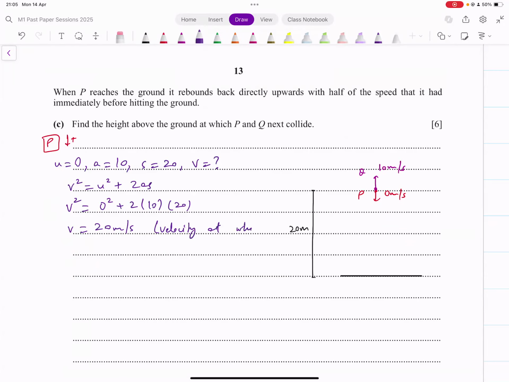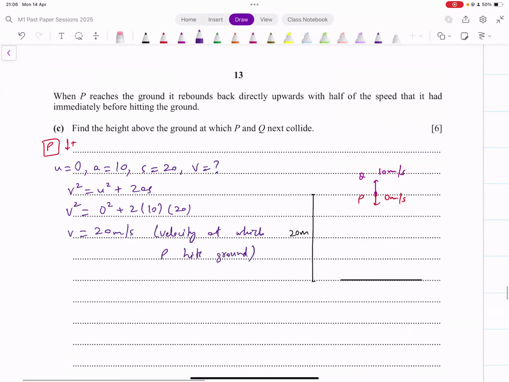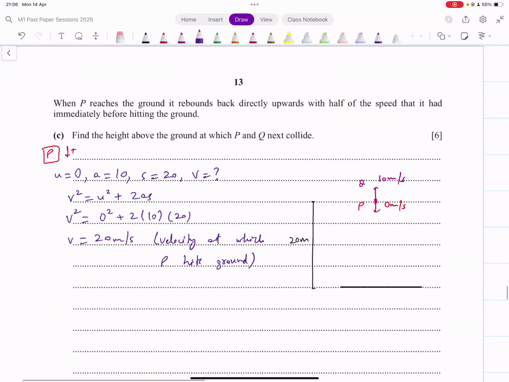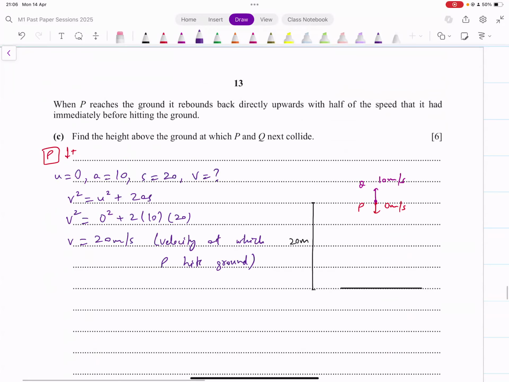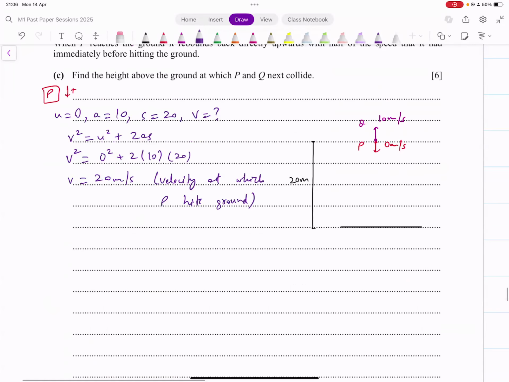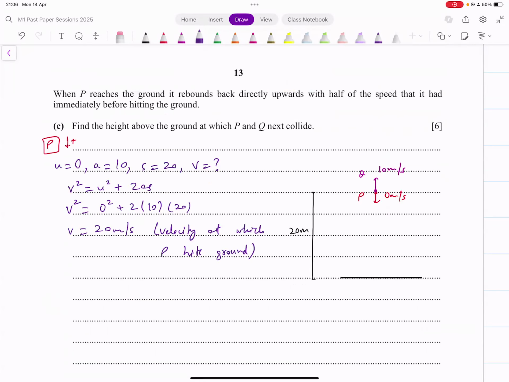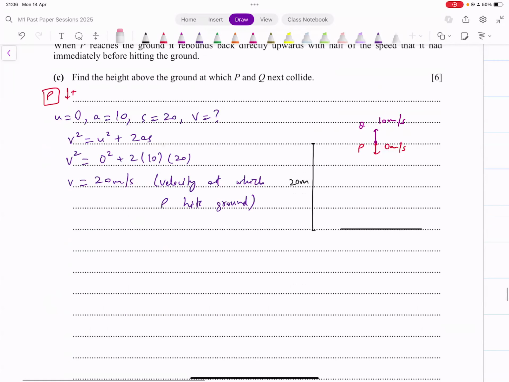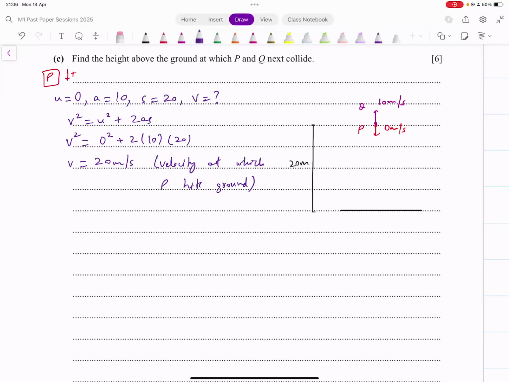Velocity at which P hits the ground. Okay. Now it says P rebounds with half the speed that it had immediately before hitting. So now ten meters per second.